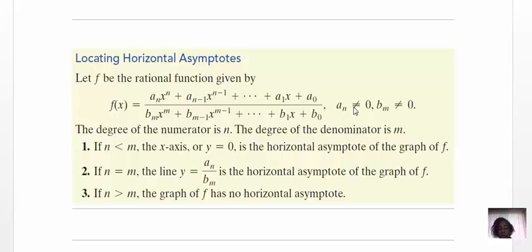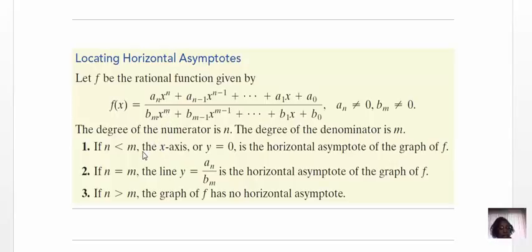And we know that the leading coefficients, a sub n and b sub m, as in Mary, cannot be 0. So the degree of the numerator polynomial is n, as in Nancy, and the degree of the polynomial in the denominator is m, as in Mary.